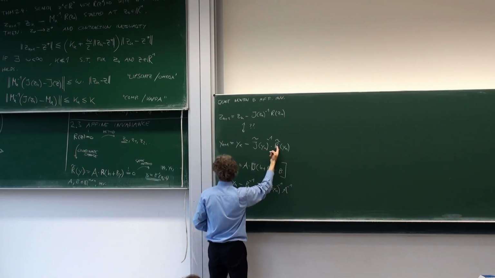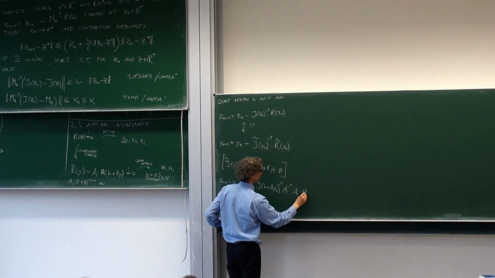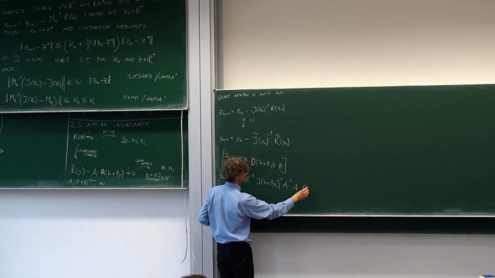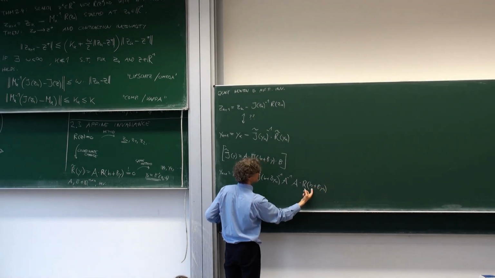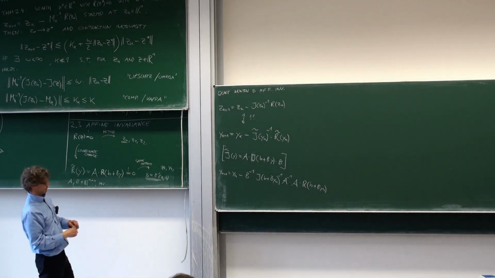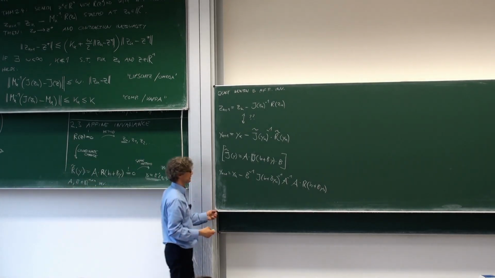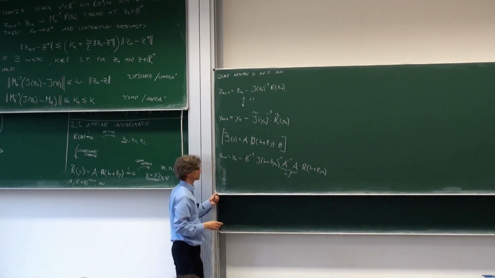And here now we insert the definition that we had here. Here we have an A times R, and it's evaluated at z, which is actually b plus B y_k, right? And that's it. Okay, so what will happen here is that we can just see that these two things cancel. They are getting a unit matrix.